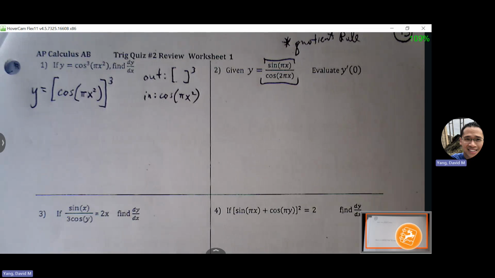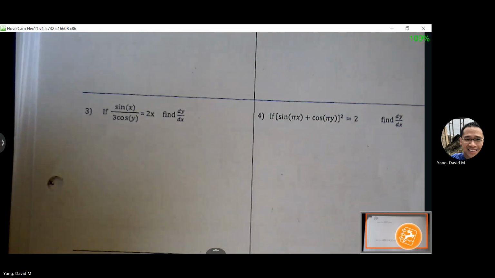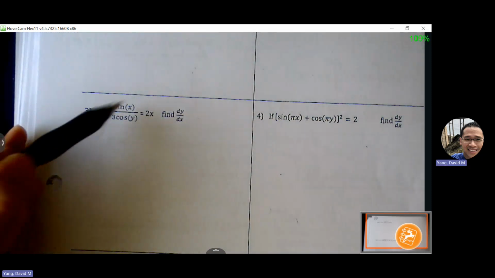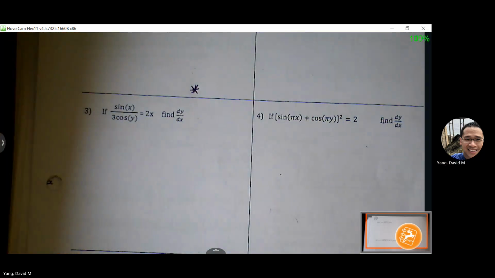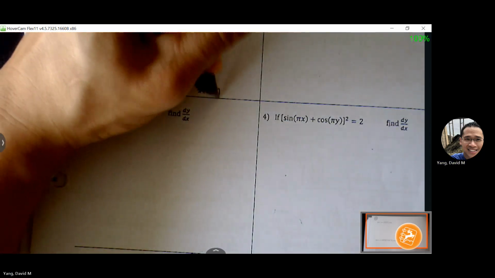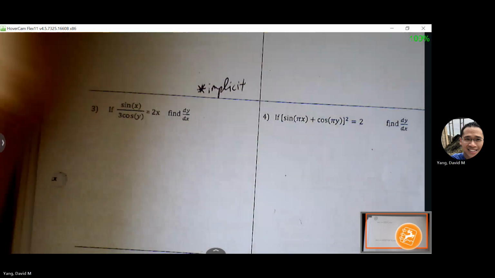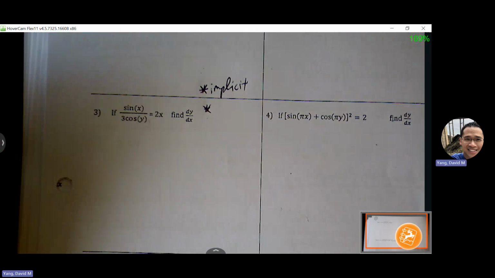Okay, number 3, sine x over 3 cosine y equals 2x. What can we do here? What's involved here? Implicit, yeah, you see y kind of stuck inside the problem here. What else? We want to find the derivative.